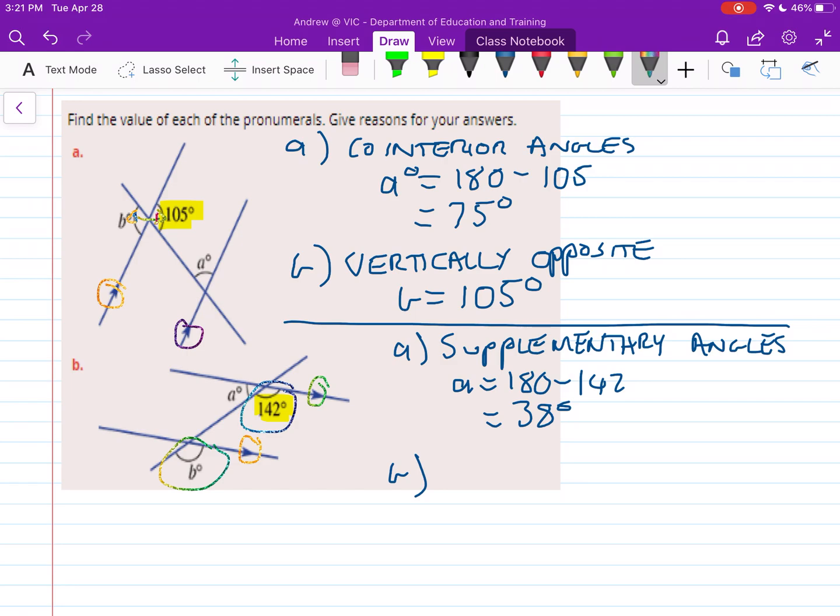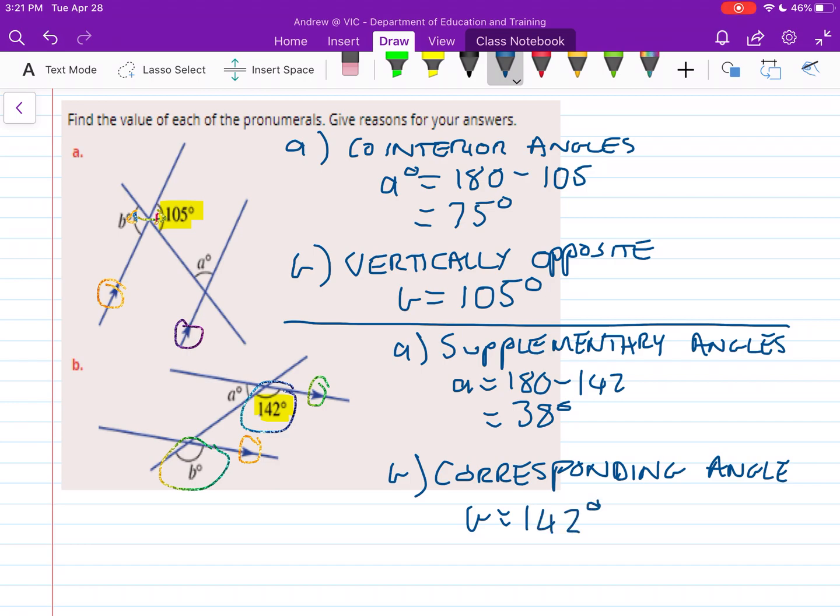So this is a corresponding angle, and on parallel lines, hopefully you recall, corresponding angles are the same. So B is just equal to 142 degrees.